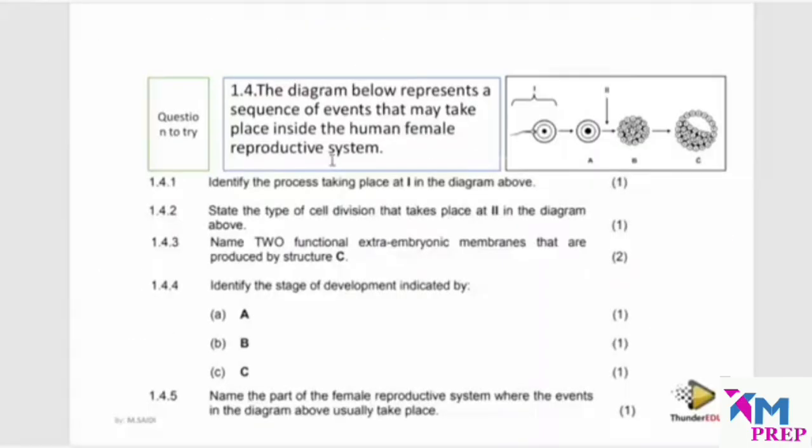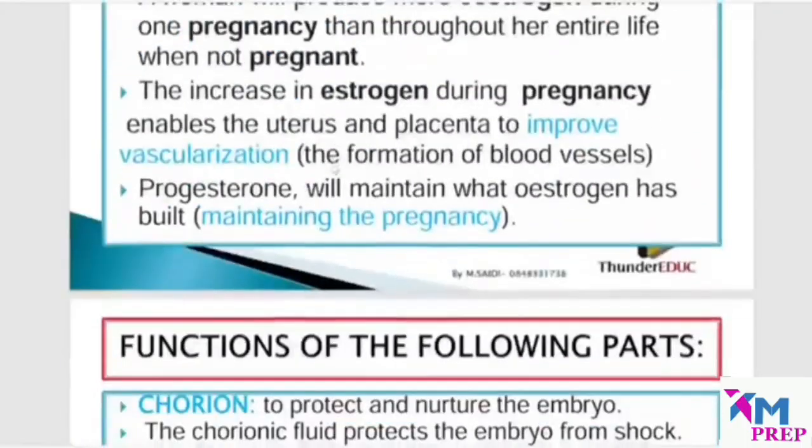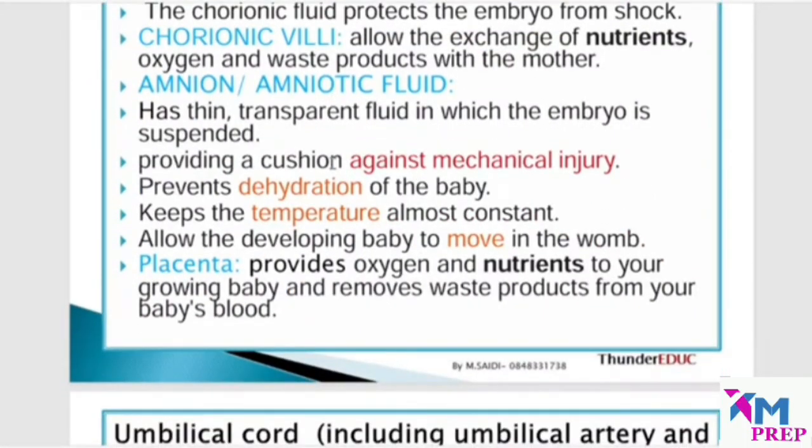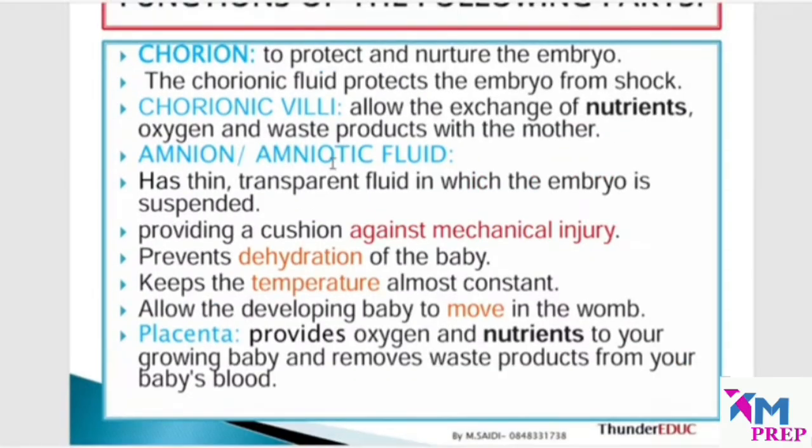Let me show you the functions of amniotic fluid. Yes, you're seeing temperature regulation, protection. You see it here, functions of amniotic fluid from our distinction material. I didn't want to talk about this distinction material today. I just wanted to give the answers only. It keeps the temperature almost constant.